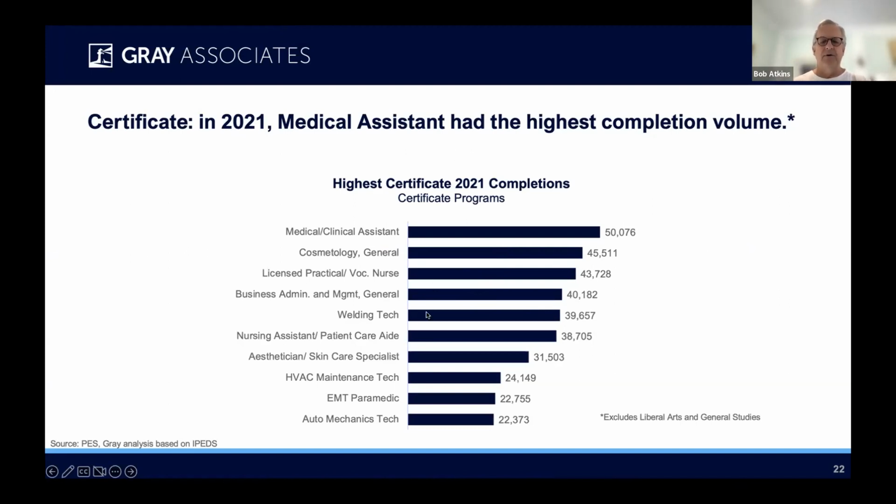You'll notice none of our higher end data science, data security, that kind of thing makes the list. And even things like auto tech just make the list at the bottom instead of the top. So very different order, in many cases, different programs that were high volume than are high volume at the moment.